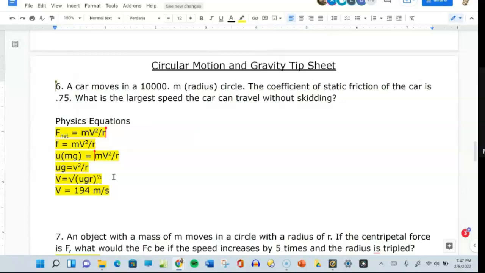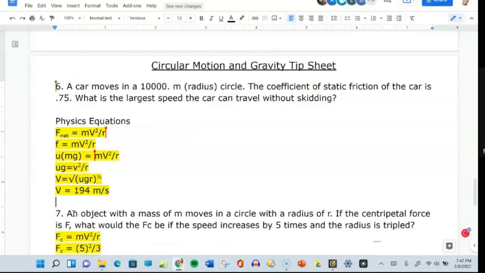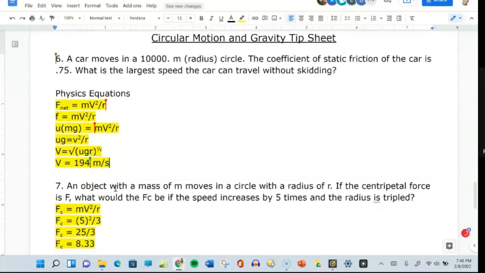Could everybody double check that? Does 0.75 times 10 times 10,000 actually come out to 194, girls? Would you double check that so we all know we have the correct info? So 0.75 times 10 times 10,000. All good, Kim? No, that was actually the wrong one. Hold on, give me 1 second. Could you fix that then?